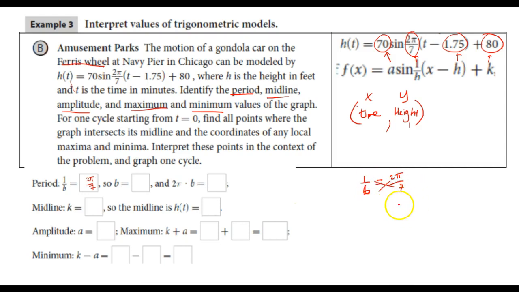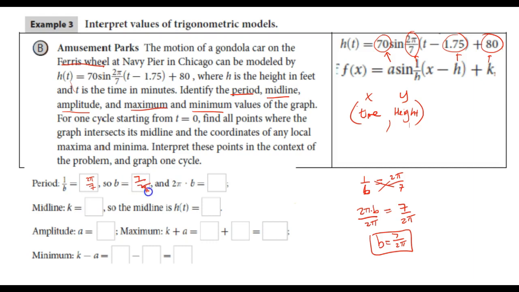What's 7 times 1? And then 2 pi times b is just 2 pi times b. What's the opposite of multiplying? Dividing, right? Now I know this does not look pretty, but b is going to be equal to 7 divided by 2 pi. So we found our b value. Yay.